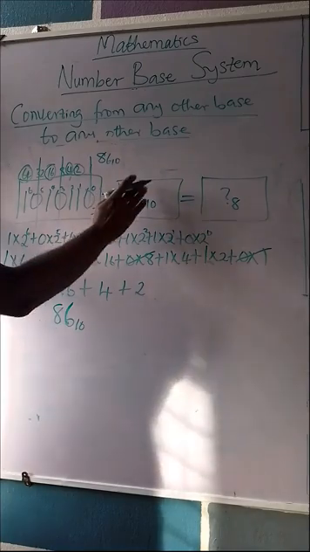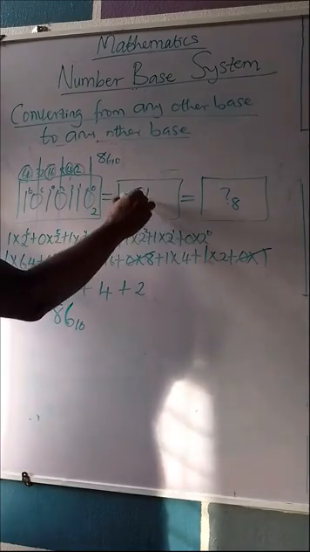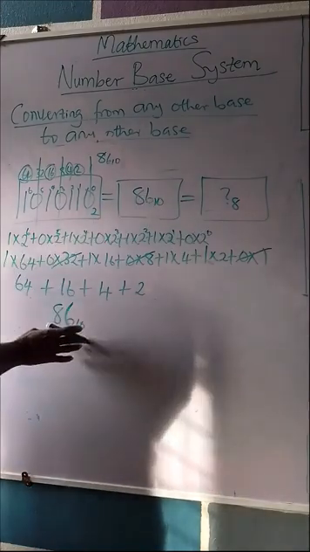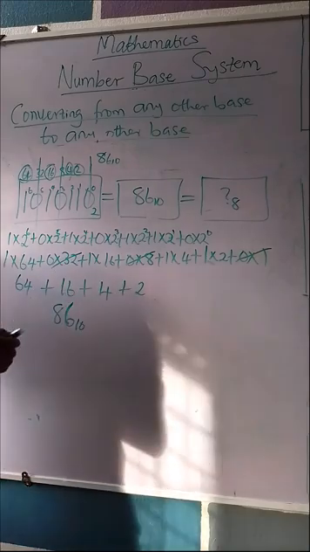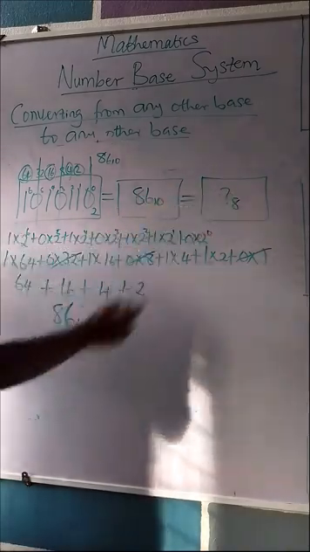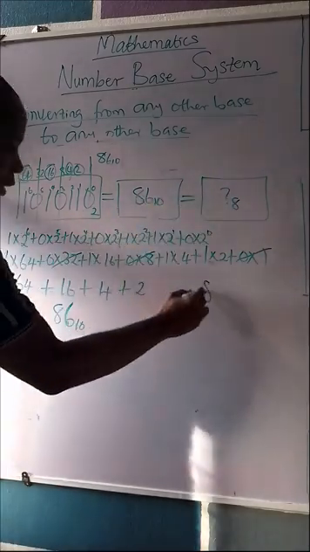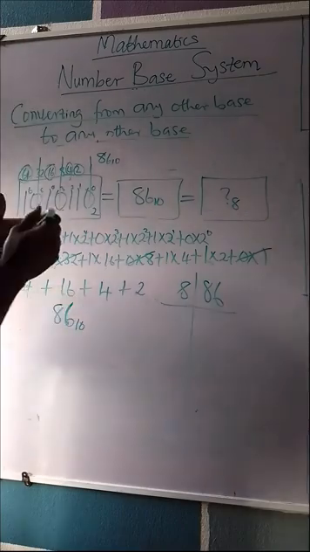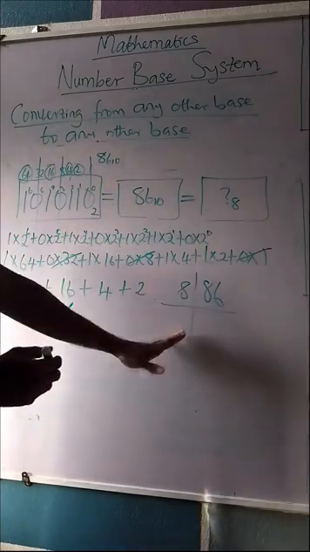Now convert 86 base 10 from base 10 to base 8. Don't forget, whenever you convert from base 10 to any base, use the division method.